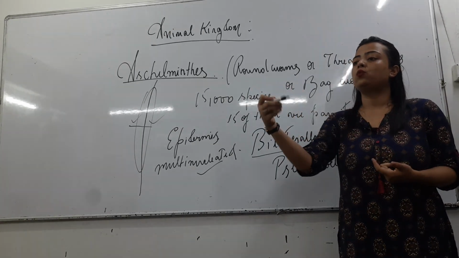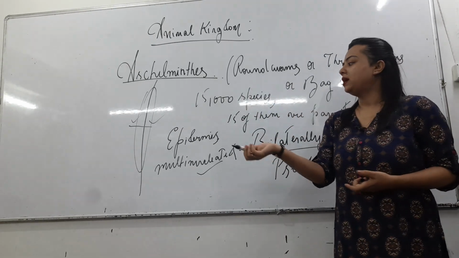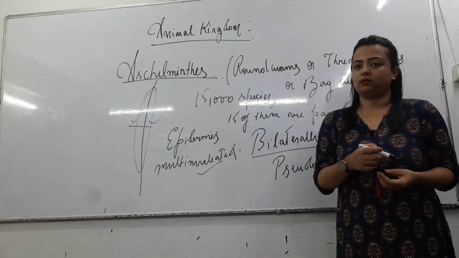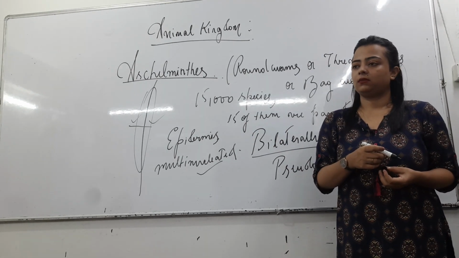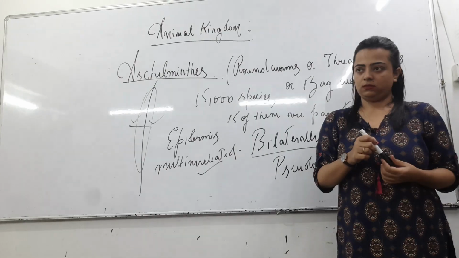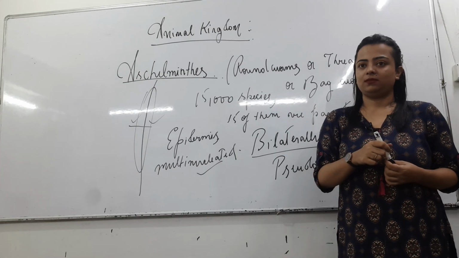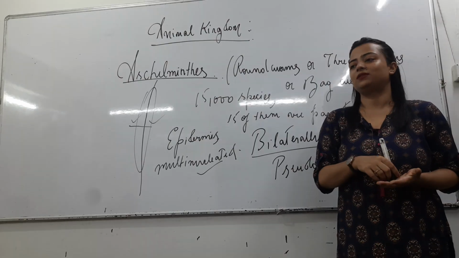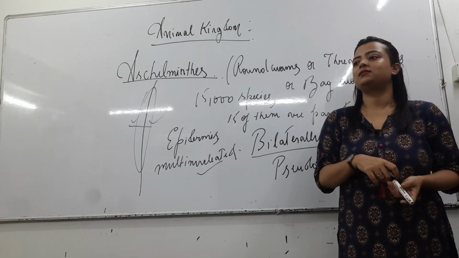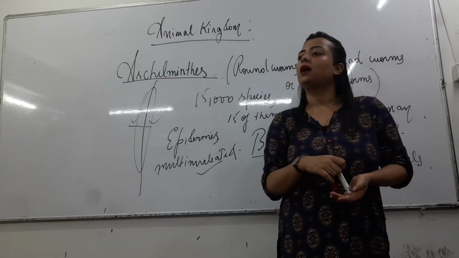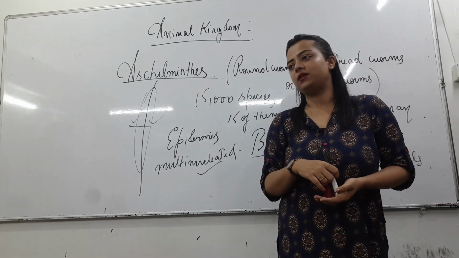Multinucleated means having more than one nucleus, and uninucleated means only one nucleus. What is nucleus? The part of the cell that contains the genetic material.